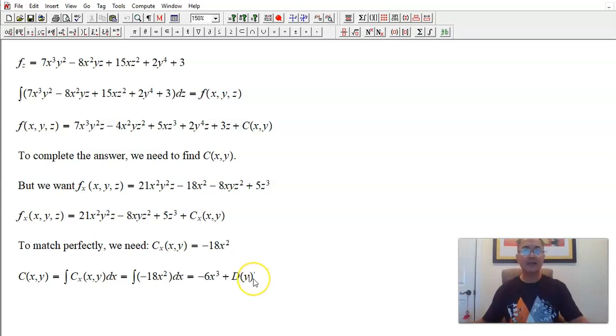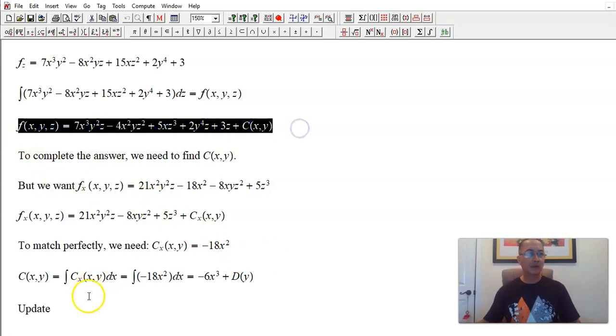Can it depend on z? No, because c can only depend on x and y. We have already taken z into account when we did our first step with the integral with respect to z. So now we are just missing our d of y, and we get to update our function.